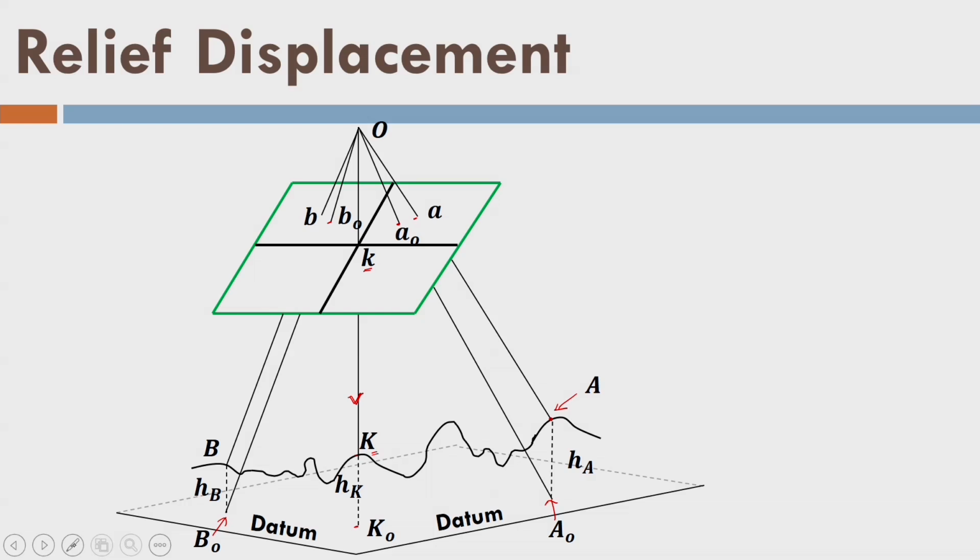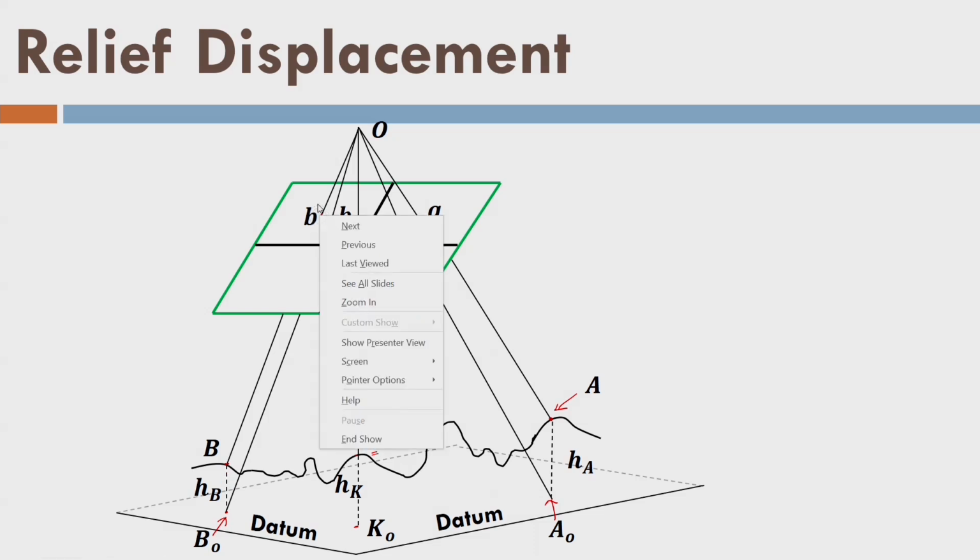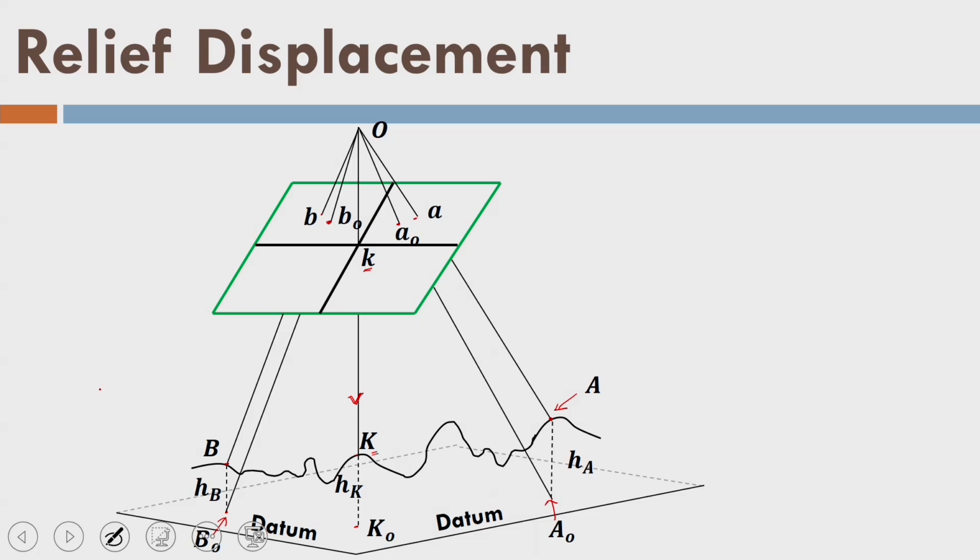That means if the point B were here at B0, it would create an image here, as you can see, but the point B is at height HB above the datum, so it creates an image at b. As a result, the image of point B is shifted from b0 to b because of the height of the location B with respect to the datum, and I am still measuring the flying height above the datum. As a result, each and every point which is above the datum will shift in the photograph.